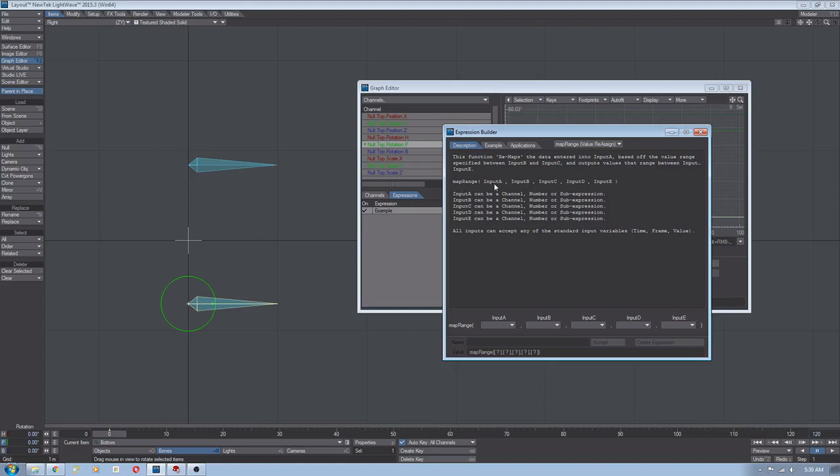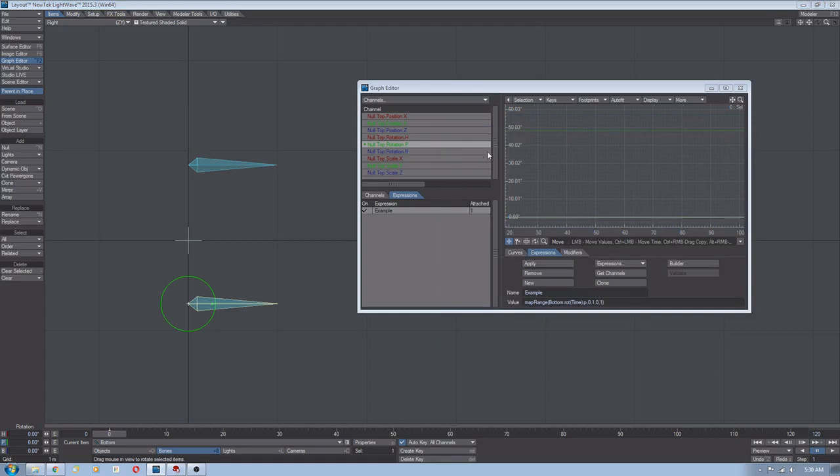Input A, that's your influencing channel. So I've got two bones here. This one's named top, and this one's named bottom. And top, let me turn off the expression. These bones are independent.